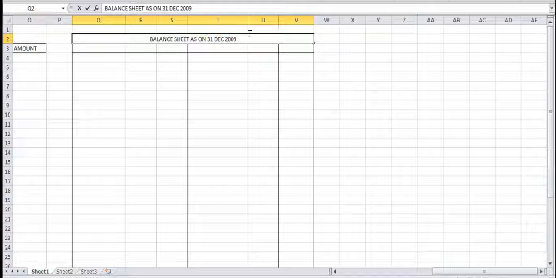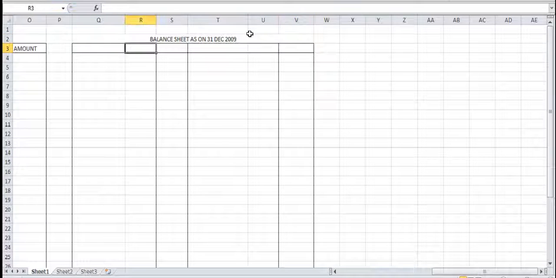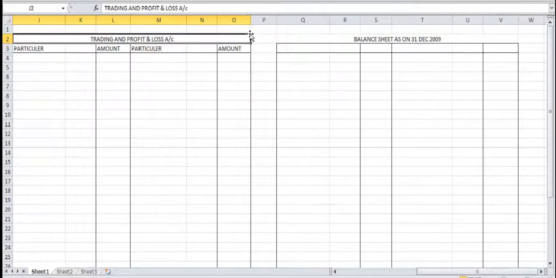Balance sheet as on 31st December 2009. Here also you can write profit and loss account as on 31st December 2009.